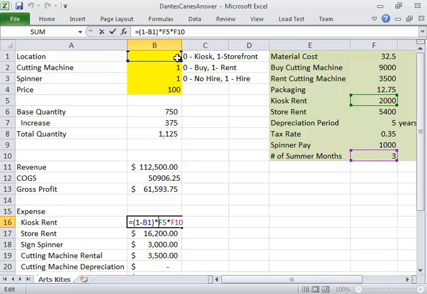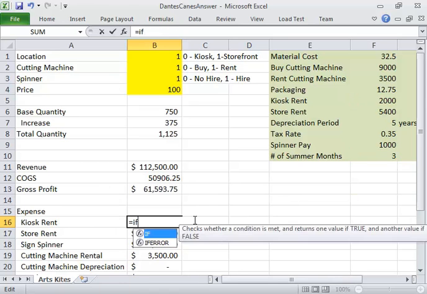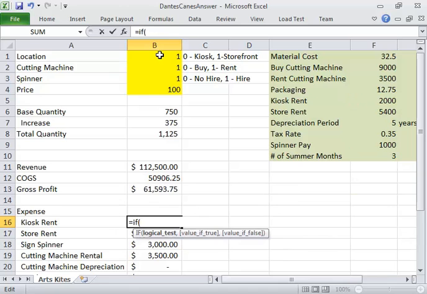Now, this is a different kind of decision matrix. This basically is using the identity function of 1 and 0. If instead you want to use the IF statement, it would be IF B1 equals 0, comma, then we're going to use the kiosk rent, else we're going to use 0.